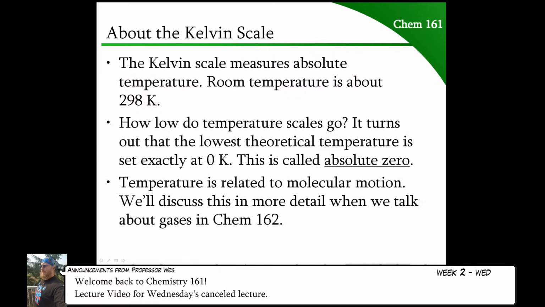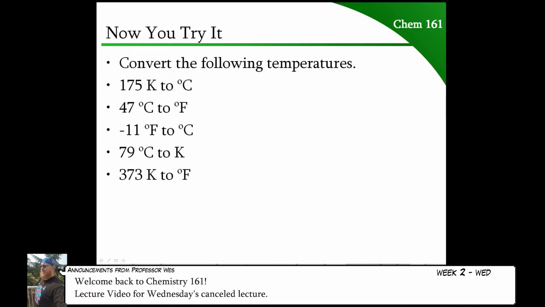We already talked about absolute 0. Again, we'll talk about that in 162. I have a bunch of practice problems for you to do for temperature. I mean, you could type these into Google yourself. I'm just going to do that and give you the... Oops, I can't do Kelvin. I have to actually type the number in here. So here are the answers that you should get. I need Fahrenheit for that.